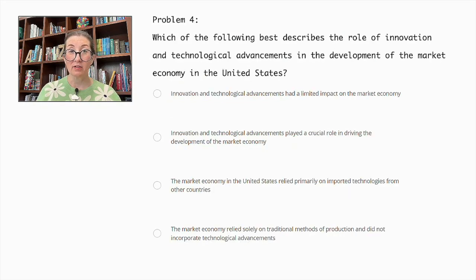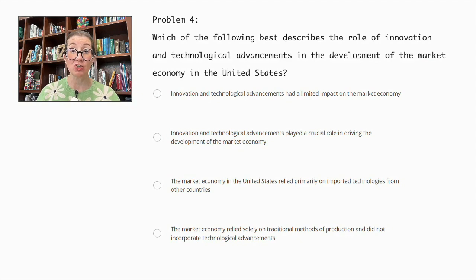Problem number 4. Which of the following best describes the role of innovation and technological advancements in the development of the market economy in the United States? Innovation and technological advancements had a limited impact on the market economy.